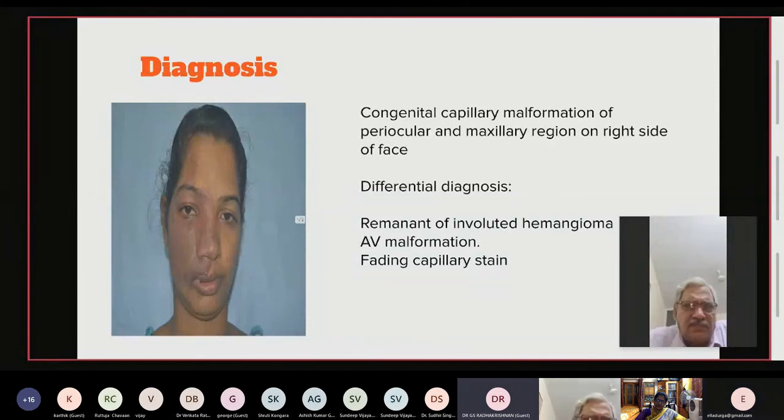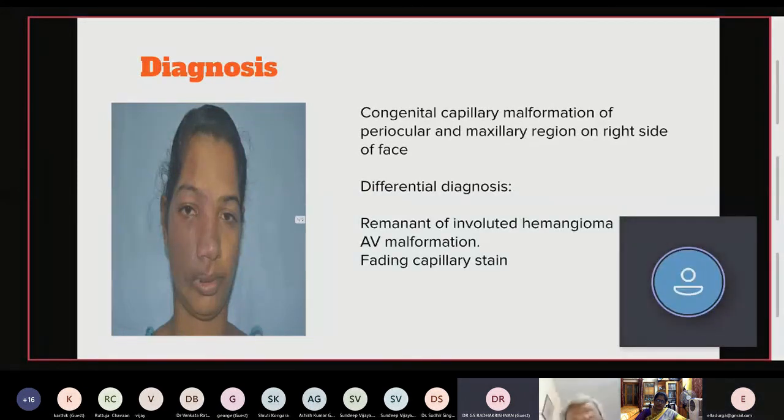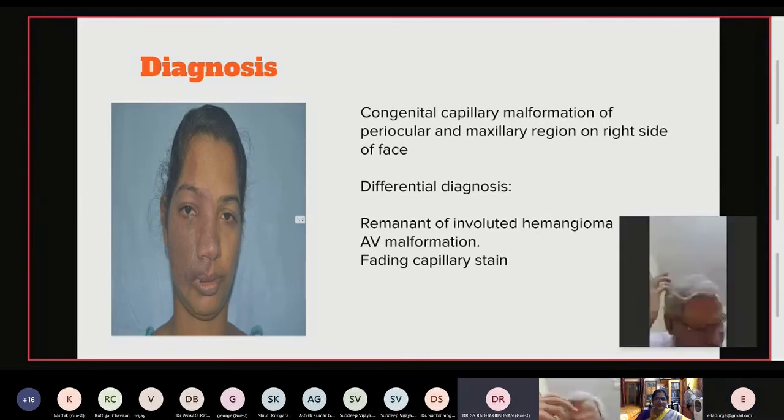Okay. What next? I will counsel the patient regarding the preoperative aesthetic outcome and the postoperative aesthetic outcome with excision and full thickness skin grafting, sir. Do you think this is a good option?